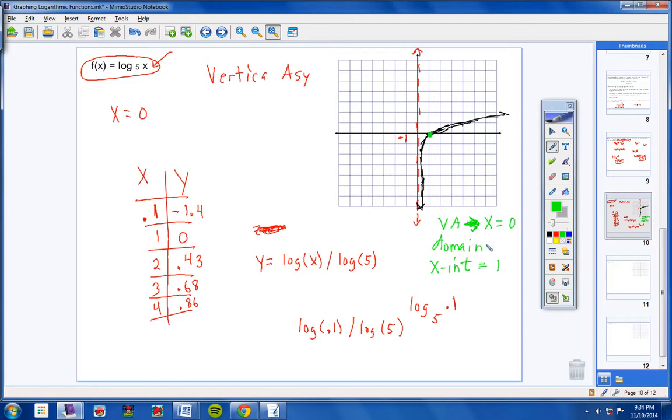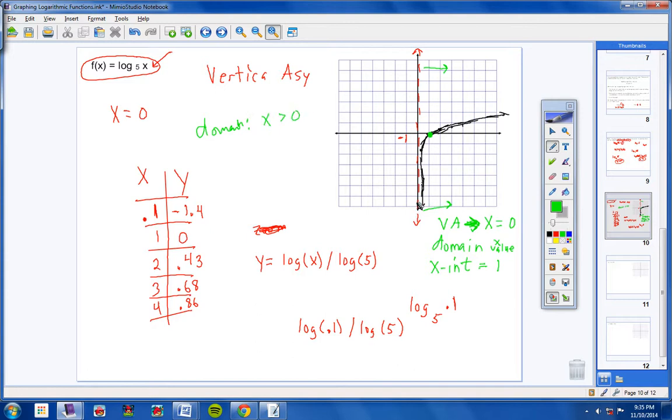Okay, now, the domain. Guys, don't forget domain deals with your what values? X values. So what can x be? Well, look, guys, x is to the right of 0. So here's the domain. The domain is simply x is greater than 0.